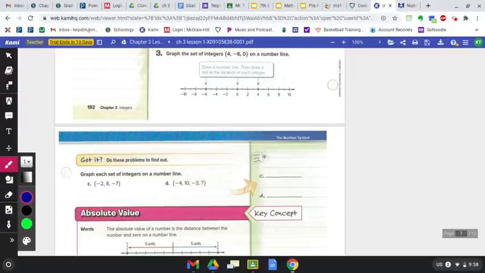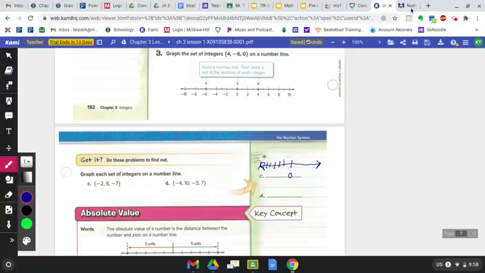And then we're going to look at -4, 10, -3, and 7. So one way I could do that, I could just draw my own number line. I put 0 in the middle, and then I could say here's -1, 2, 3, 4, 5, 6, 7. See how sloppy that gets?